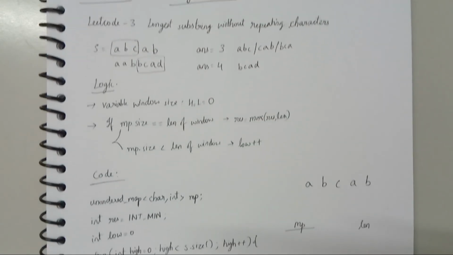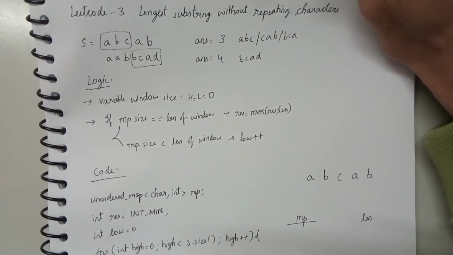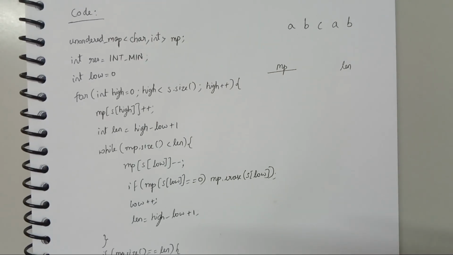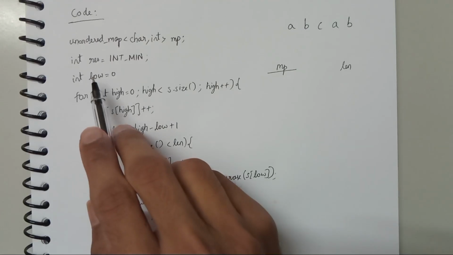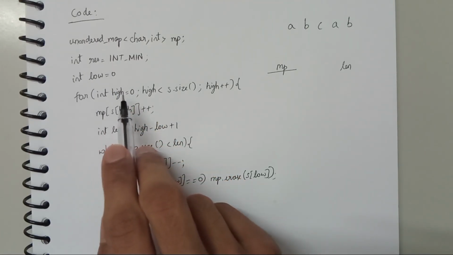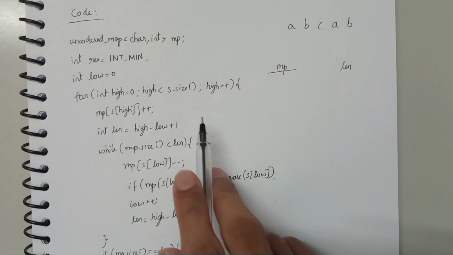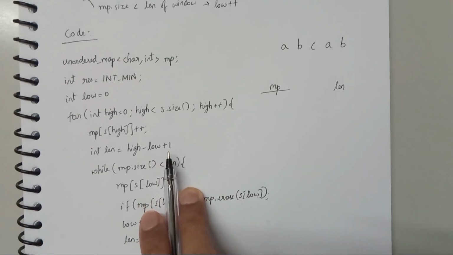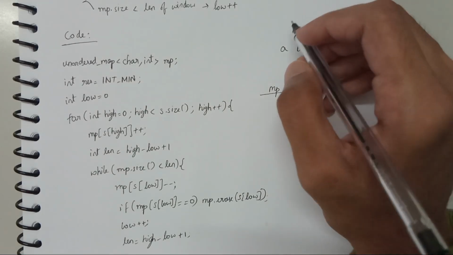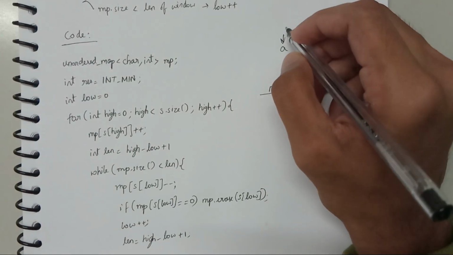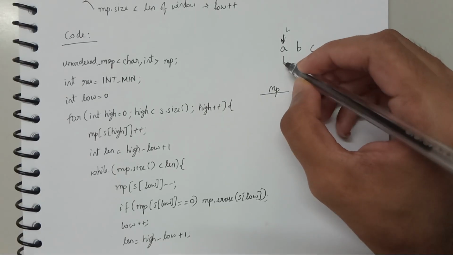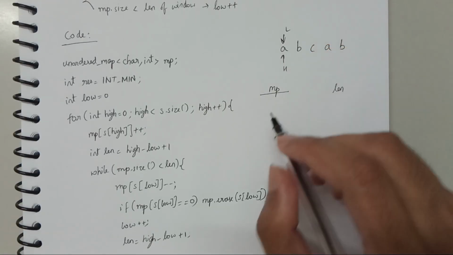So if we check the code here, we first initialize a hash map mp, and then we initialize result and low and high equal to 0 to s dot size. Suppose we have this example abcab, so initially low will be here and high will be here, both at 0.